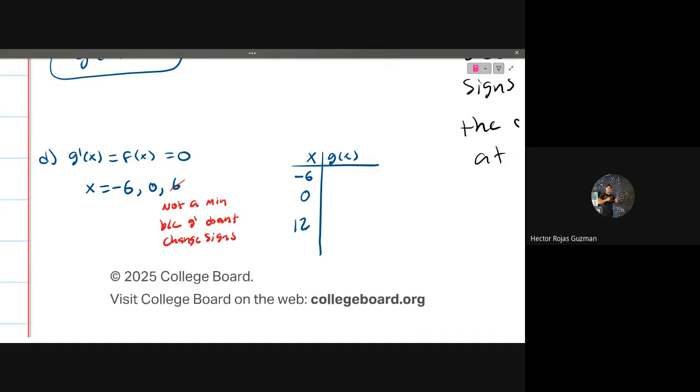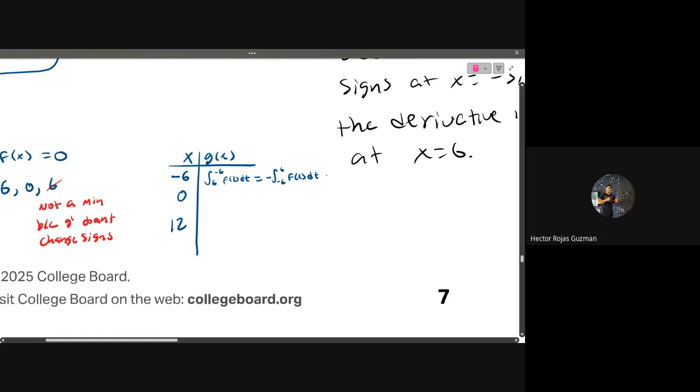You are going to have to do this by hand. Look for the first one. It would be like this. It would be the integral from 6 to -6 of f of t dt, which means you have to flip it around. And then you're going to have to calculate that integral using shapes. I'll tell you what the answer is here.